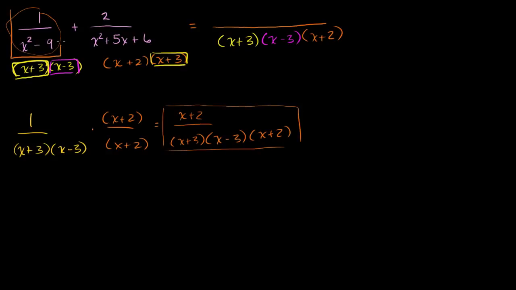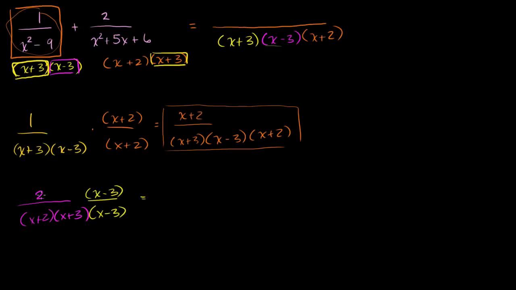The second term over here is 2 over x plus 2 times x plus 3. That's in its original form. Now, if we want an x minus 3 in the denominator, we can multiply by x minus 3 over x minus 3, or essentially multiply the numerator by x minus 3.